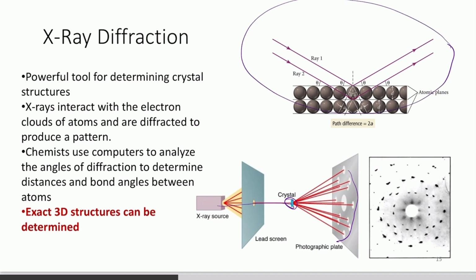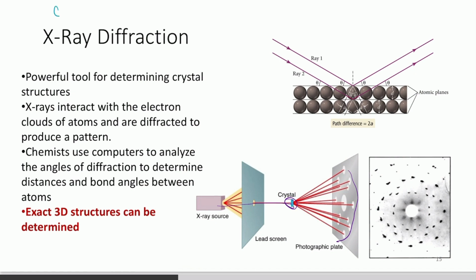The X-ray comes in at an angle, it hits our sample, and it's diffracted at a specific angle. The angle of these diffractions is measured, and these angles can help determine what crystal system, what crystal structure we actually have. We can use that then to determine the overall pattern of the structure.